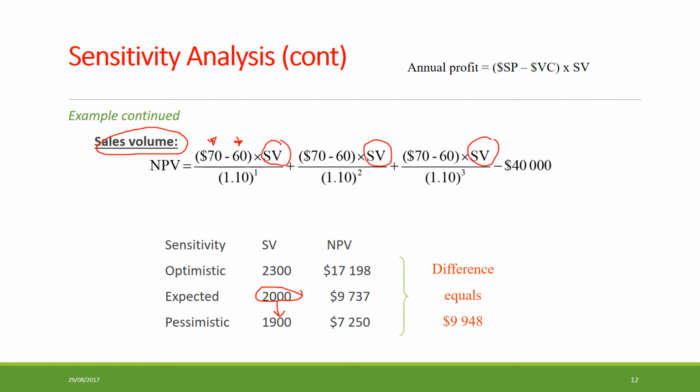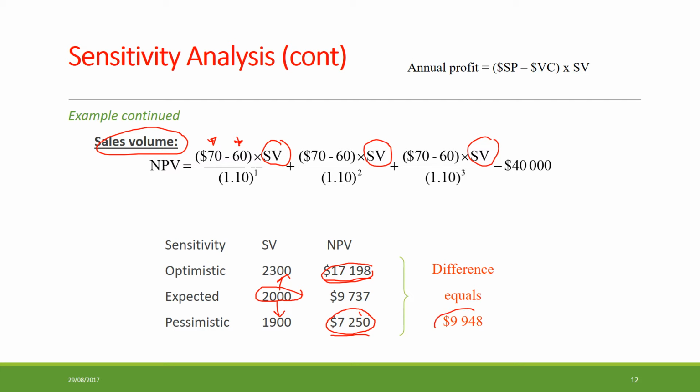However, we estimate that in the worst case, the sale volume can drop to 1,900. And in the best case, the sales volume can increase to 2,300. We then calculate the NPV at each of these levels, at the optimistic case and at the pessimistic case.